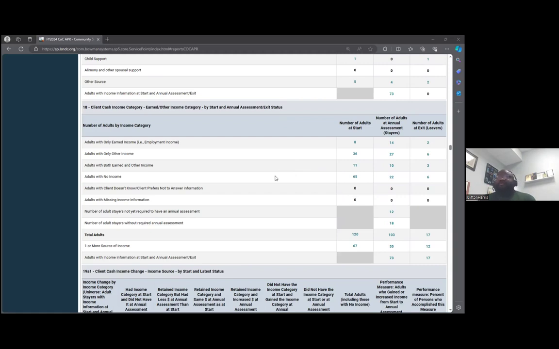So if a client's entry date is July 1st and your report period ends June 30th, but that person had an increase in income in August, you probably won't see that person as an income increase until next year's report, or if they exit earlier than a year from your program.